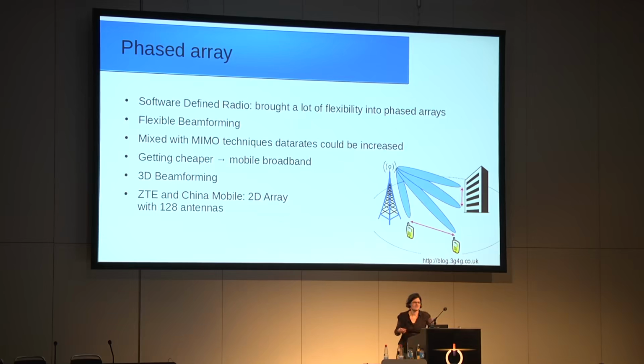So they are always worried how they shall transport all those mobile data, so they can actually reuse frequencies with this beam forming. The latest headline came from ZTE and China Mobile, who did a test with 2D arrays with a total of 128 antennas.